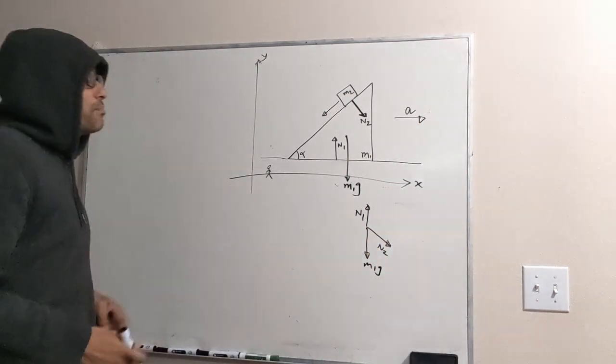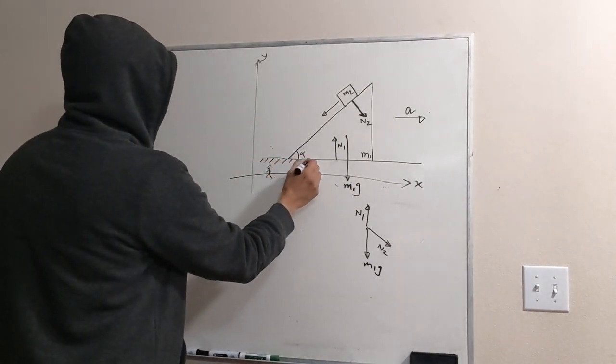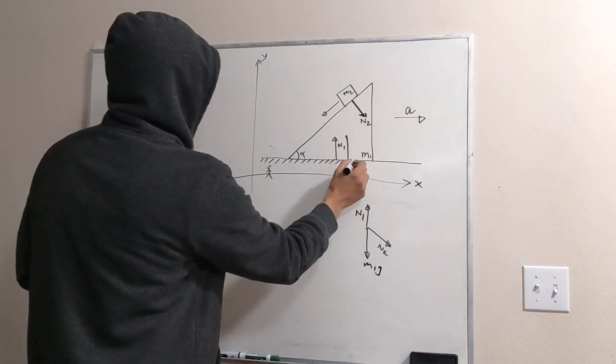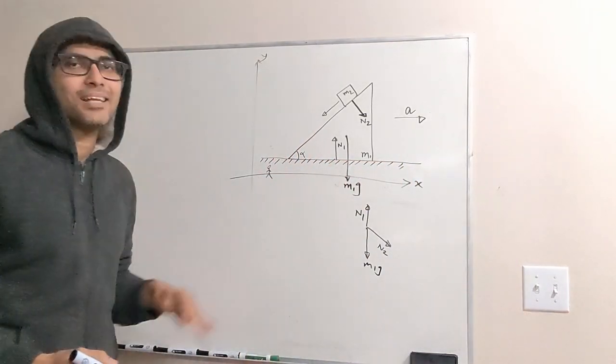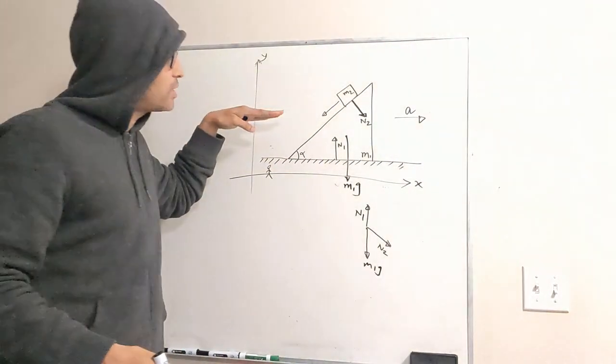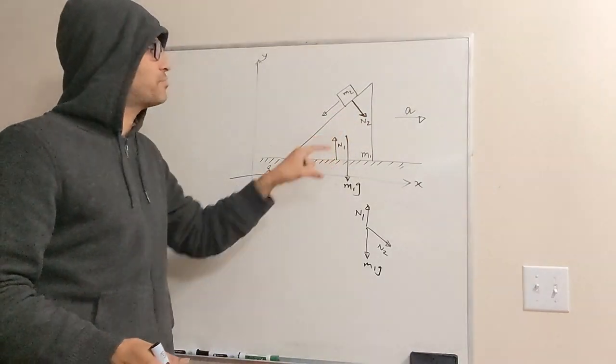Now from the physics of the problem you can clearly say there is no motion along the y direction. So all the forces along the y direction should cancel out. Only net force will be in the positive x direction, which will give the acceleration of this object.